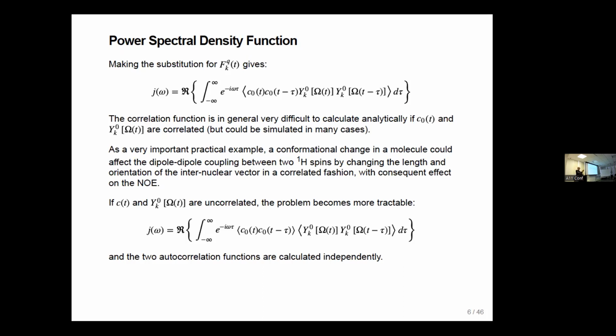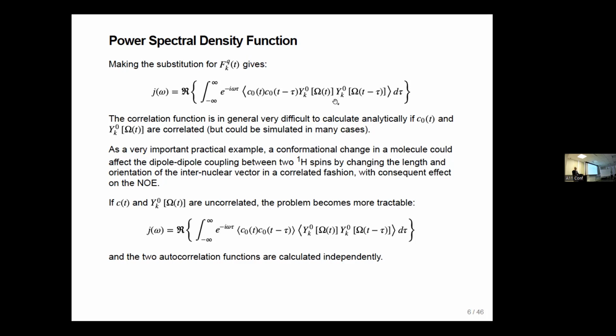But if we want to, and it's easy to imagine conditions where this would be true. So if you have a protein that's a clamshell and it has a compact form and a more extended form, when the clamshell opens, distances between spins are going to change, and you might expect the tumbling to change in those conformations. So there, distances and orientation may be correlated with each other.